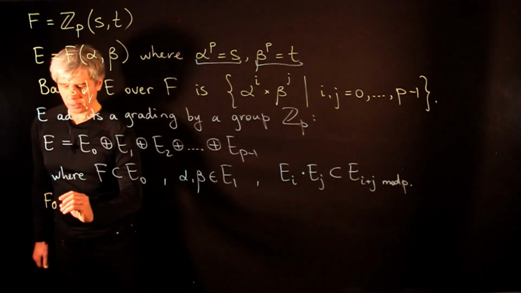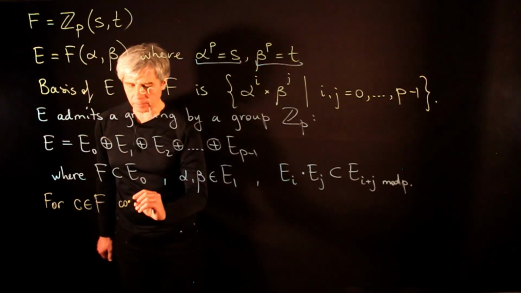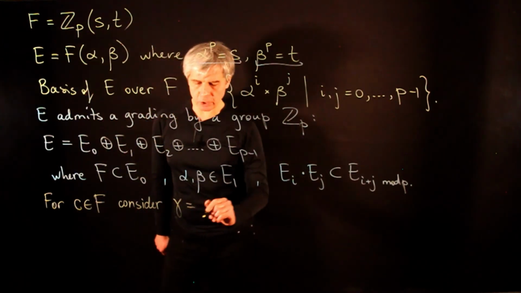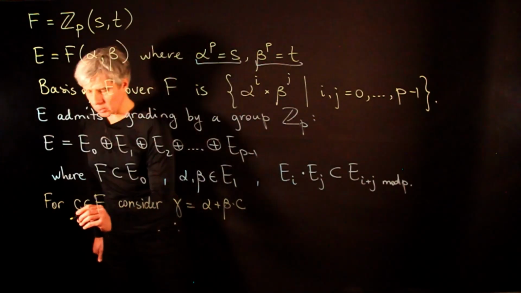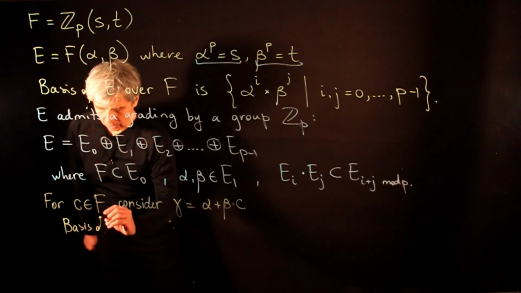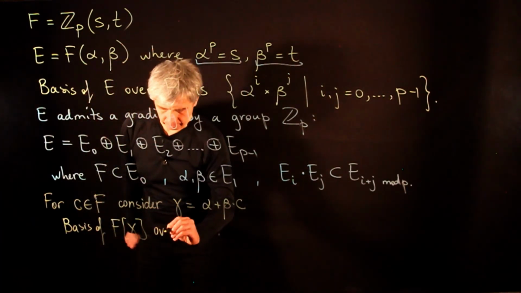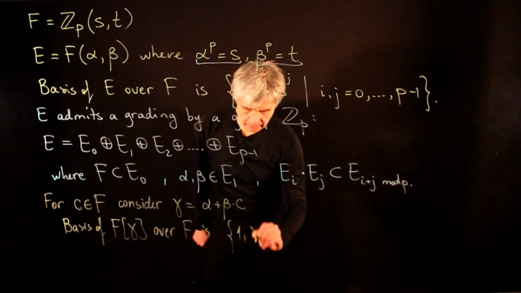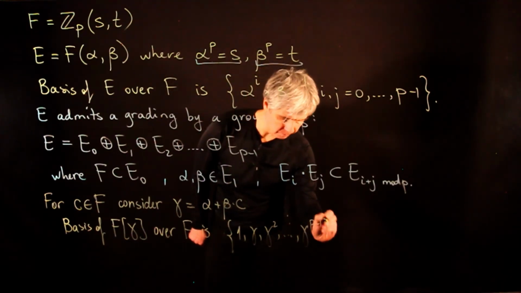For each constant c in F, consider the element gamma, which is alpha plus beta times c. We already saw that the basis of F(gamma) over F is 1, gamma, gamma squared, up to gamma to the p minus 1.